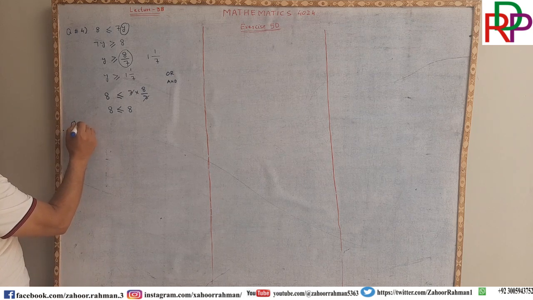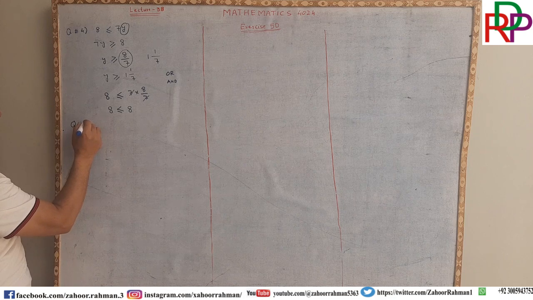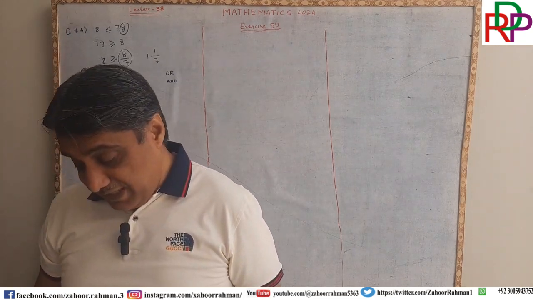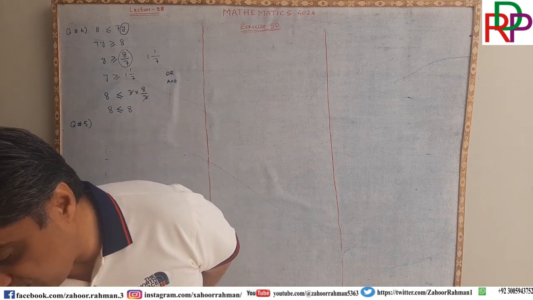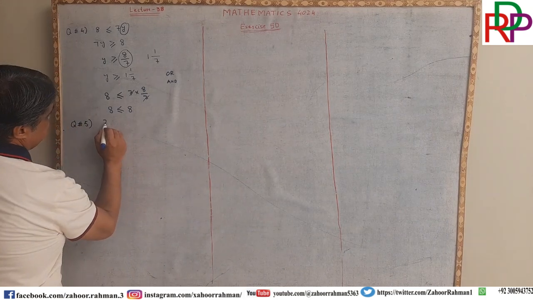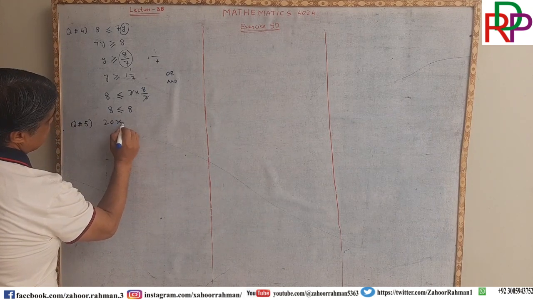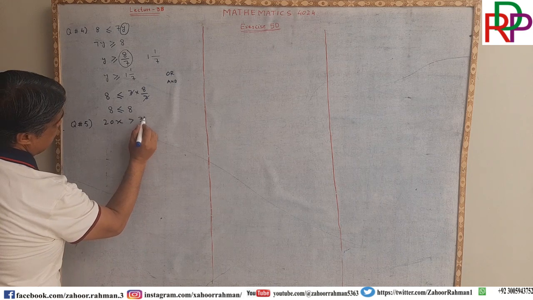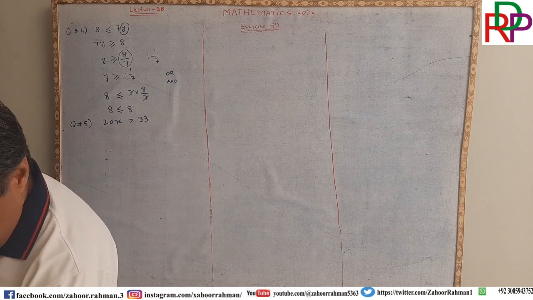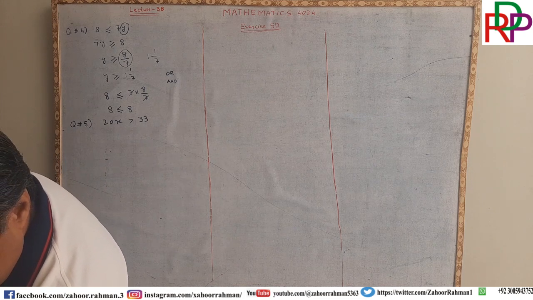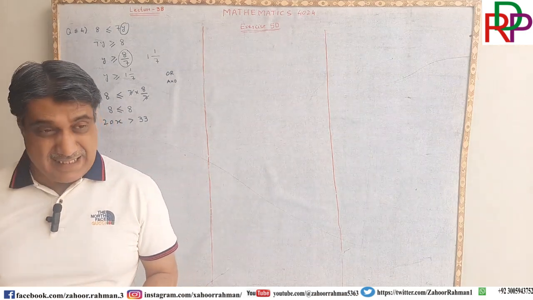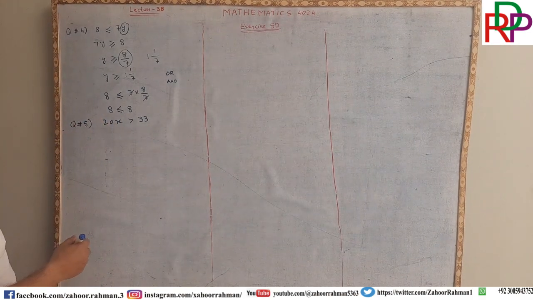Now we are turning our focus to question number 5, and let's learn more. Given that x satisfied the inequality 20x is greater than 33. What the question actually is asking, find the smallest value of x if x is a prime number.